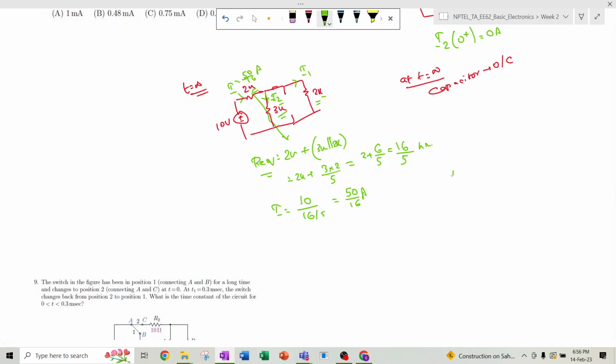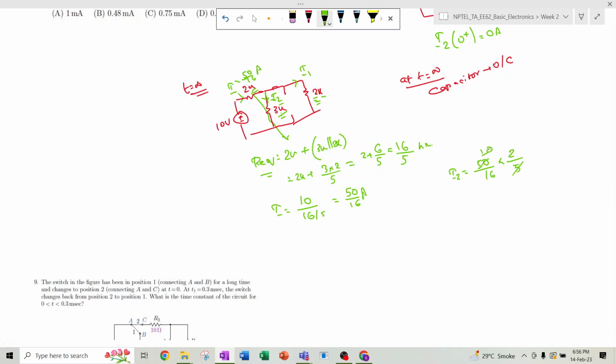So how can we determine the value of I2? As I have already discussed the current division rule, that is the total current 50 by 16 into the other resistance, which is 2, divided by the total resistance 2 plus 3, that is 5.